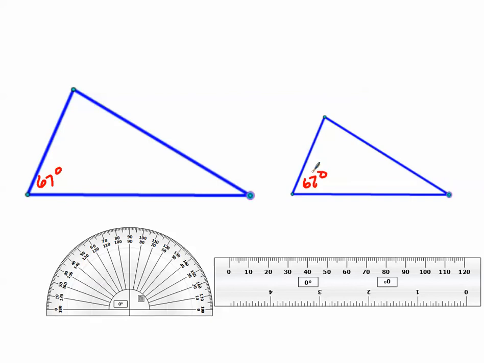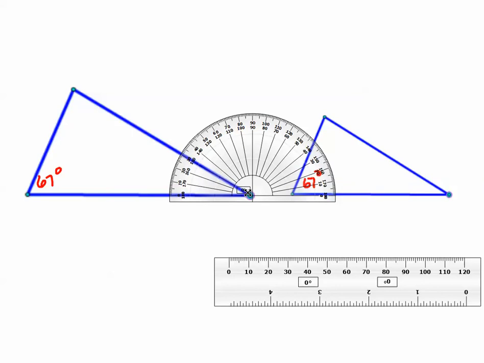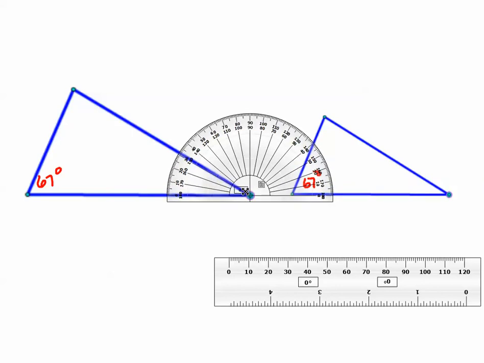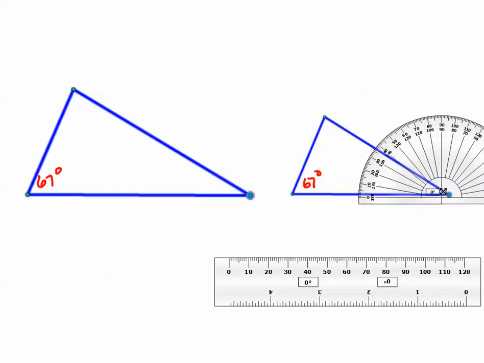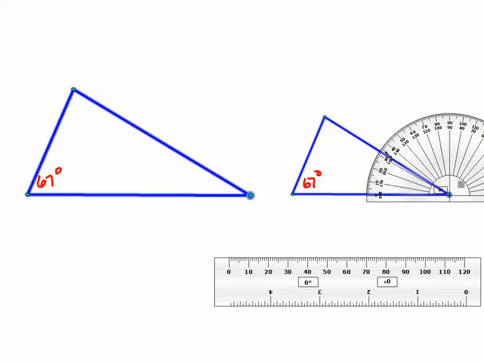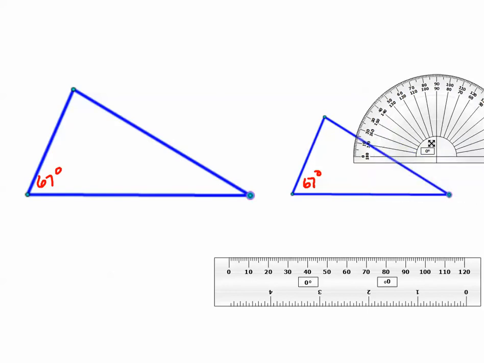I'm going to go ahead and take this protractor over to this other angle, and we'll notice that this angle measures approximately 32 degrees. And over here, this angle measures 32 degrees similarly.